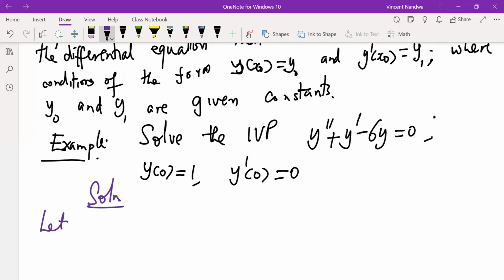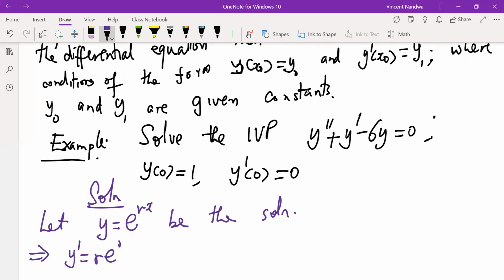So let y be e raised to power rx be the solution. So this means the derivative is r e raised to power rx and the second derivative is r squared e raised to power rx.